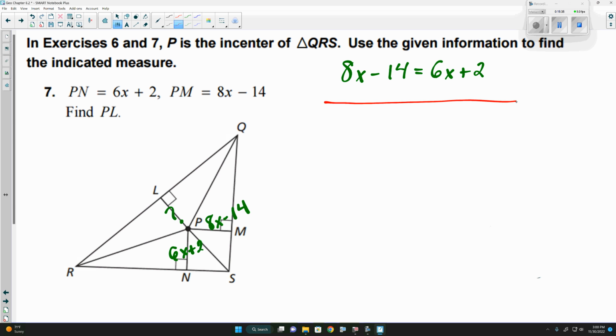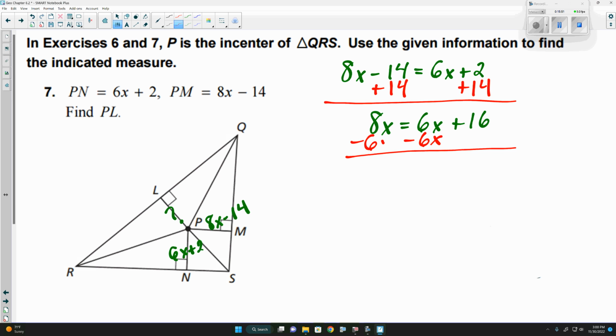Now we just need to solve. Well, we can add 14 to both sides, which will tell us that 8x is equal to 6x plus 16. At this point here, we can subtract 6x from both sides, which will tell us that 2x is equal to 16.